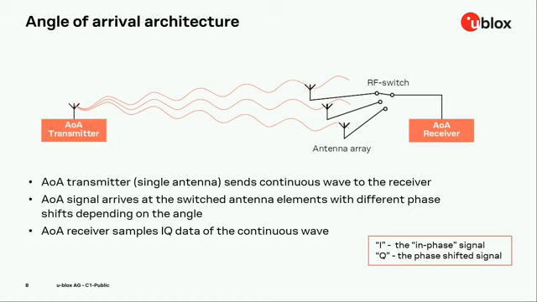But thanks to this switching pattern, it can measure the phase difference between the receiving antennas, and then the receiver is able to sample that phase information and calculate the incoming angle.